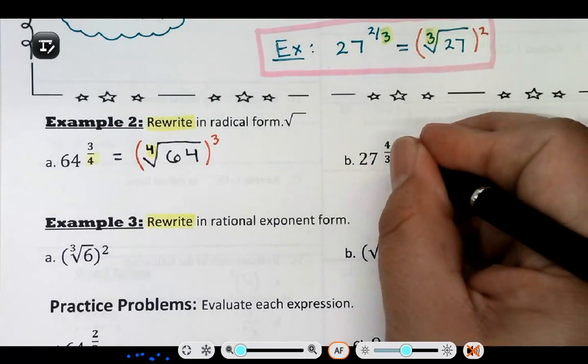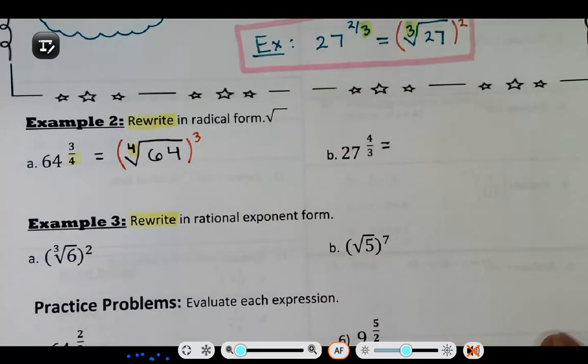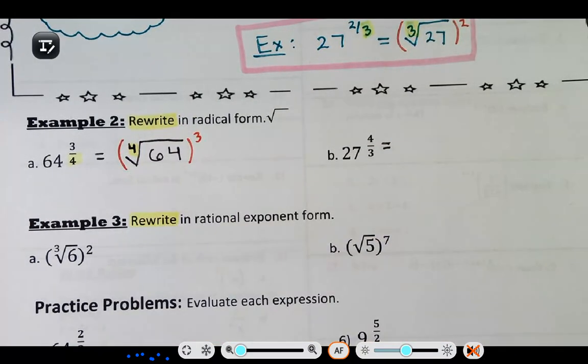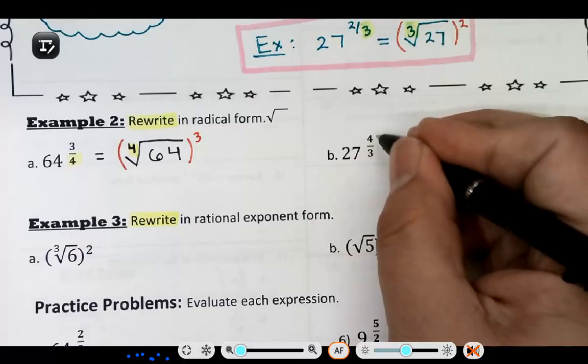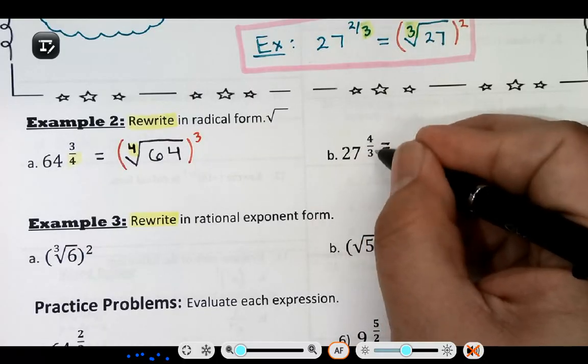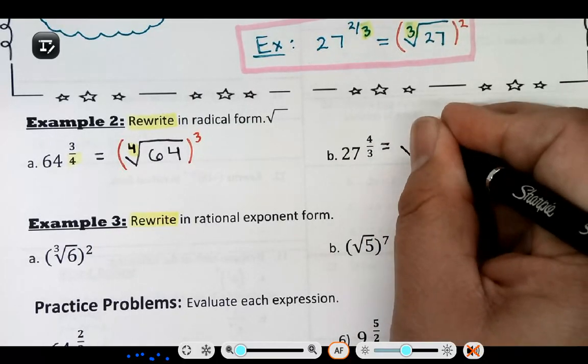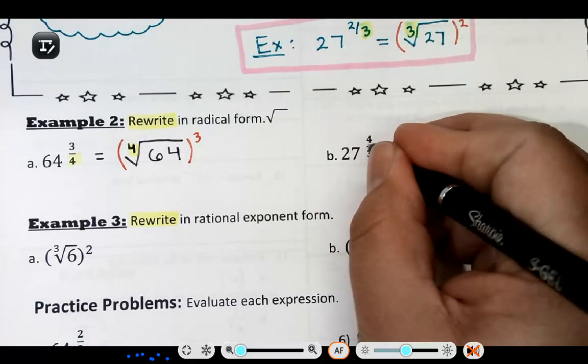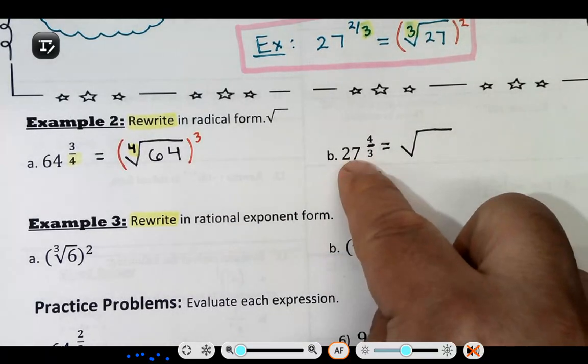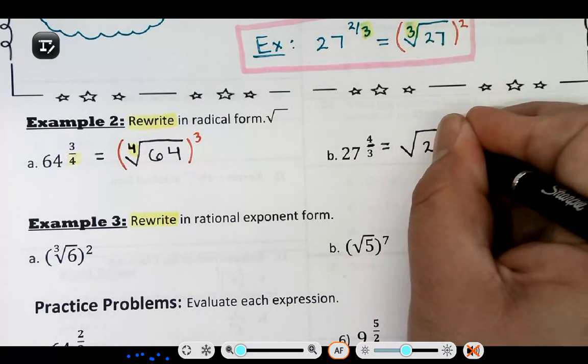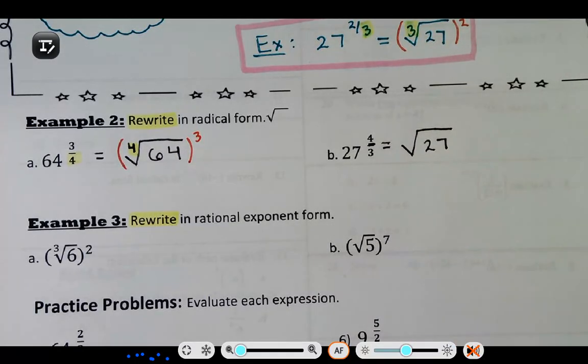All right, here we go again. Look, again, it's meant to be nice and simple. We're just practicing how to rewrite. It says 27. It has a power that's a fraction, which means I write a radical instantly because of this fraction right here. The 27 is the base, so I write the 27. Let's look at my denominator.